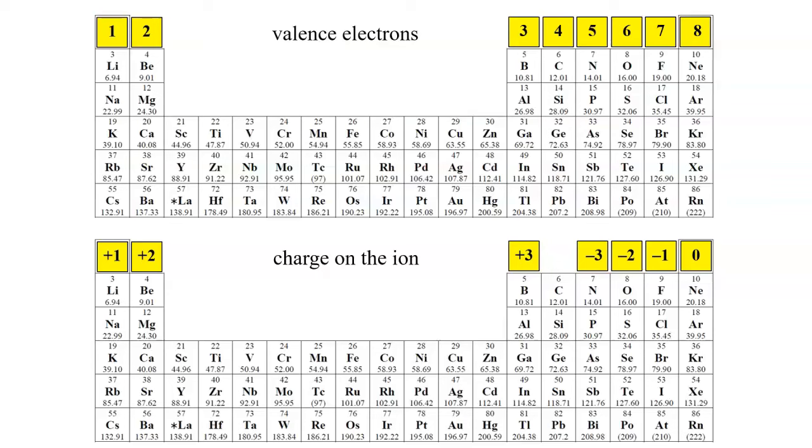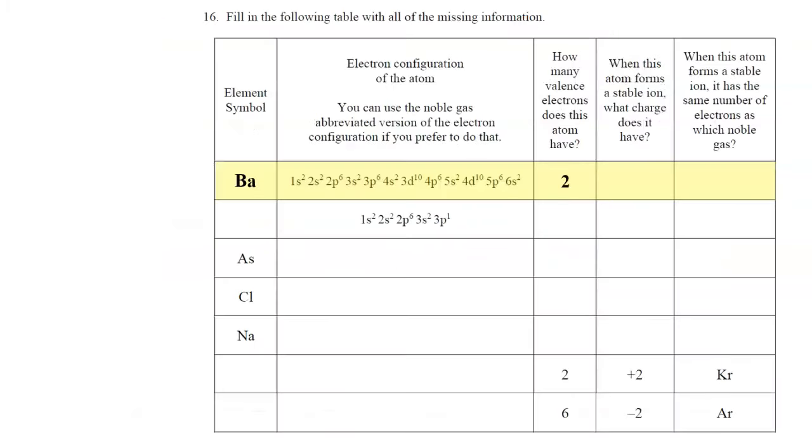So barium, or Ba, it is located in group 2. It has 2 valence electrons, and when it forms a stable ion, it will have a charge of +2. So 2 valence electrons and a charge of +2 on the stable ion.